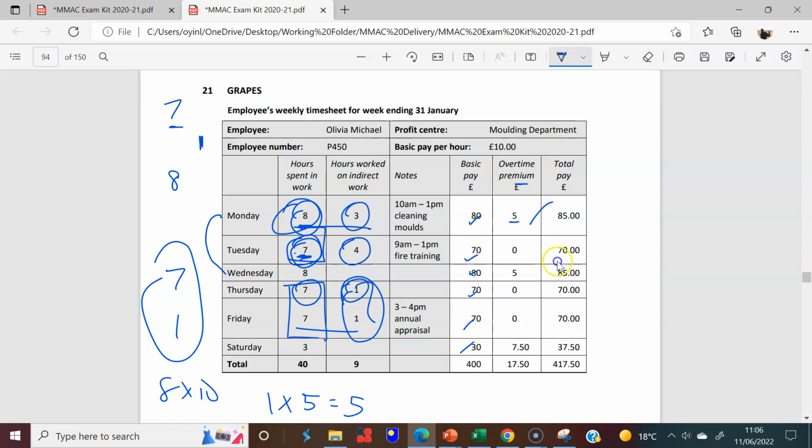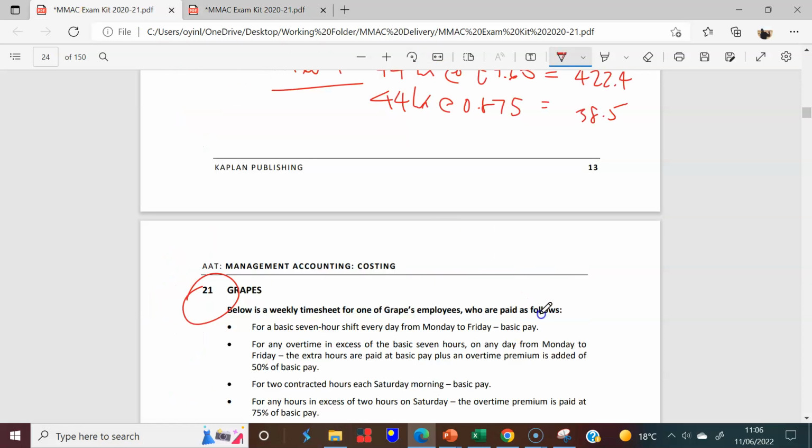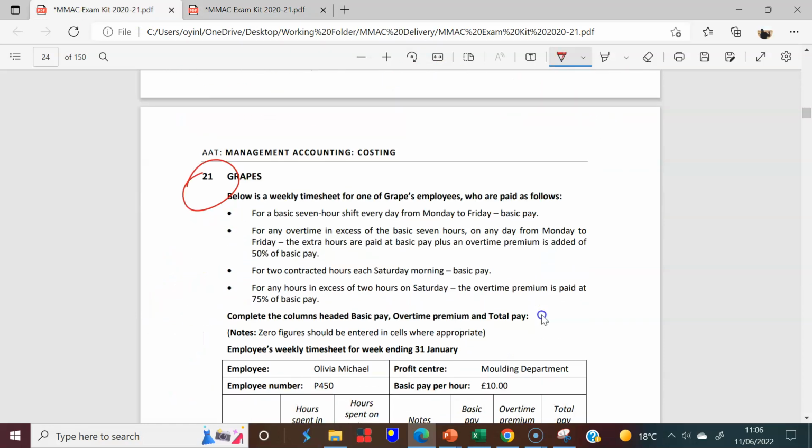With Saturday, let's just look at the rules on Saturday. I think it says here, on Saturday, sorry, was that Sunday? Let me just look very quickly. Yes, for Saturday, it says that for any hours in excess of 2 hours, the overtime is paid at 75% of basic pay.